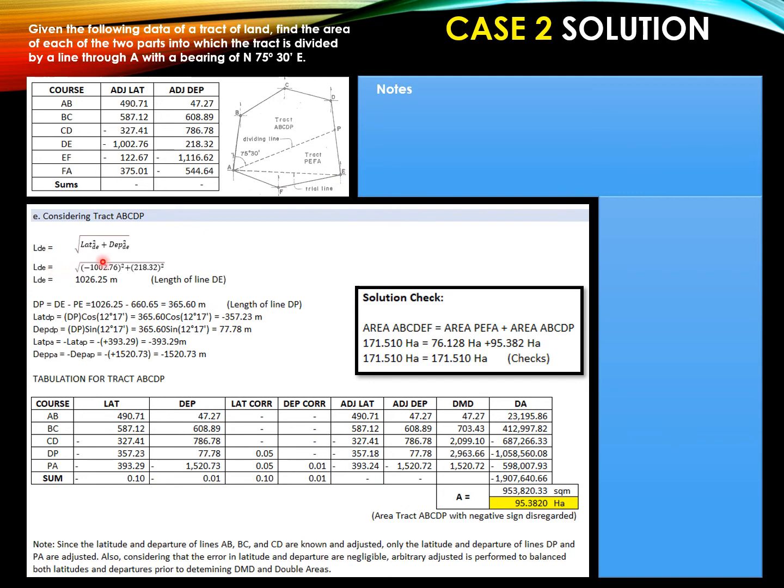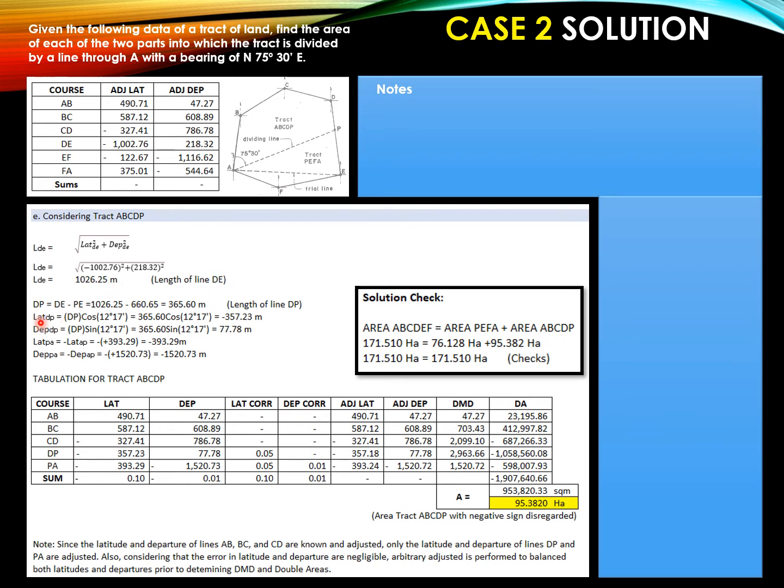So, si DE, para makuha ko, DE is equal to 1026.25 using the square root of, using the formula of length, using latitude and departures. Okay? So, yan. Nakuha natin si length ng line DE.